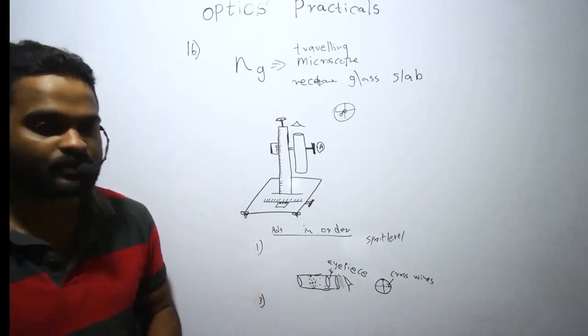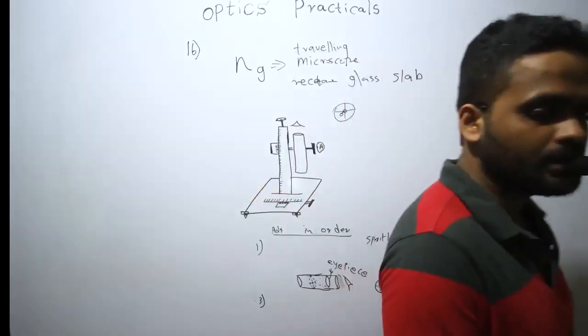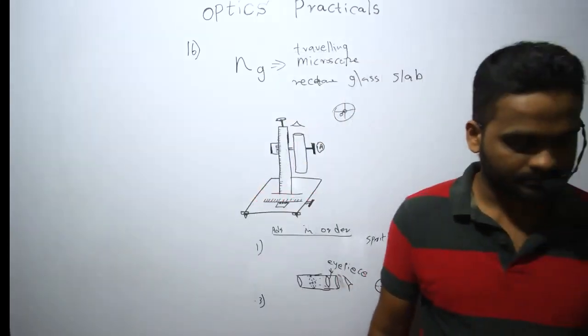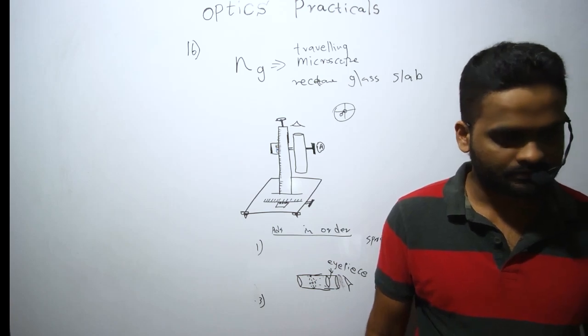A clear inverted image can be seen on the cross wires. Right?